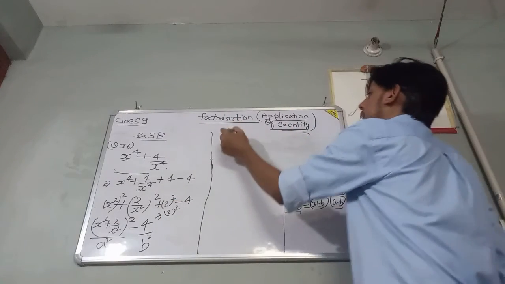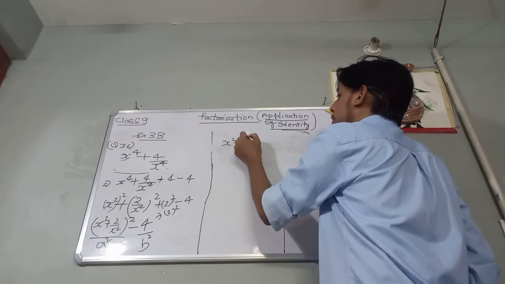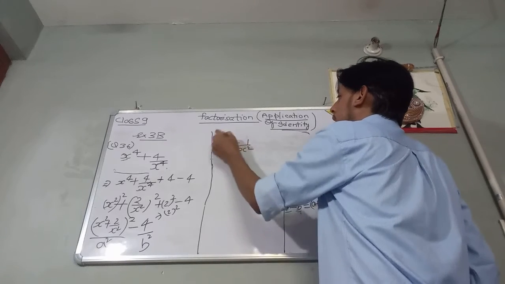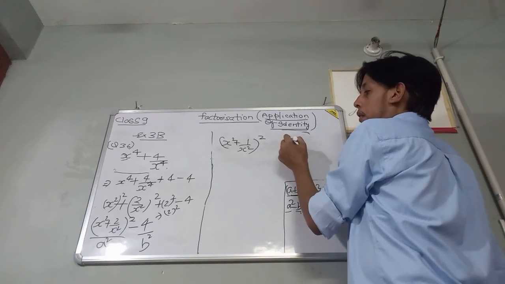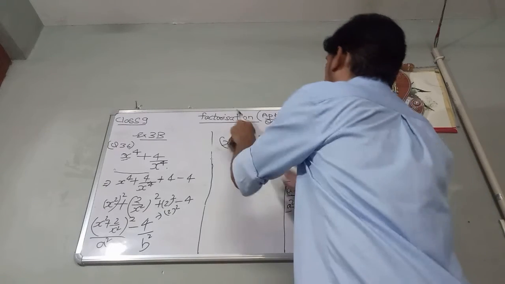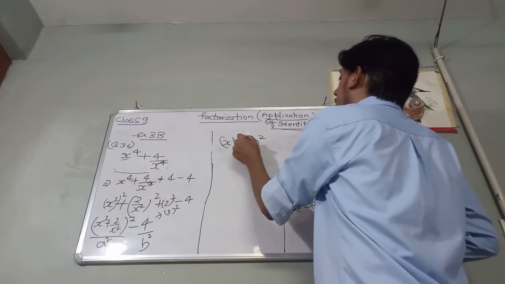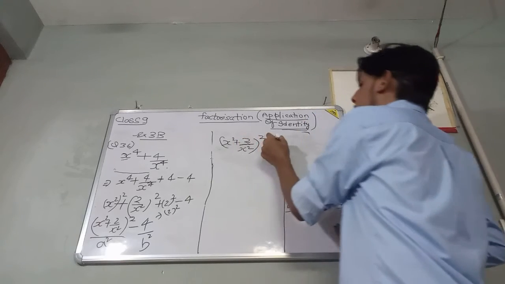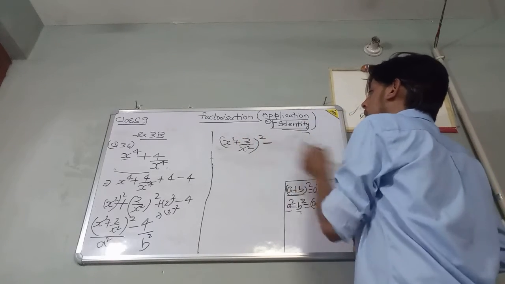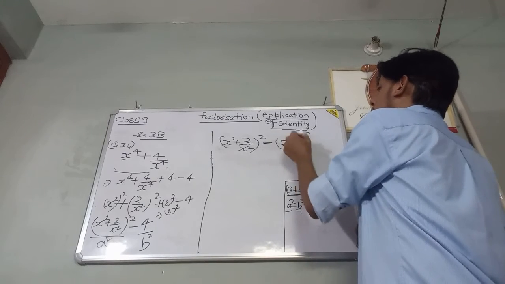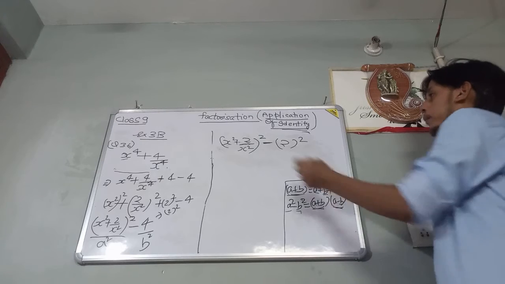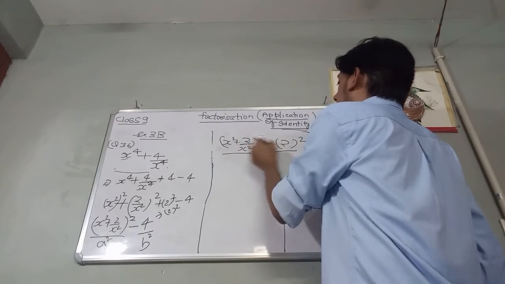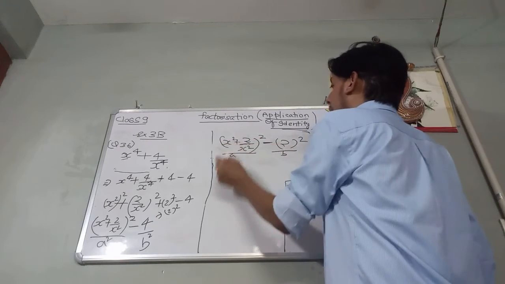So it can be written as (x square plus 1 by x square) whole square, it will be 2, minus 2 whole square. What does the formula say? (a plus b)(a minus b). It is a, it is b. So we will add it.